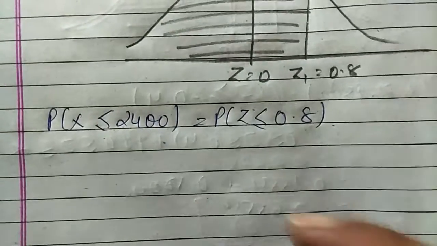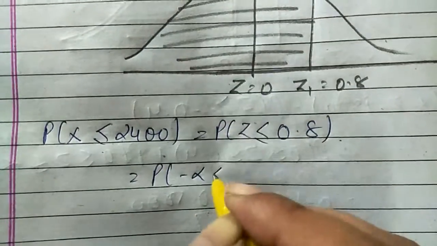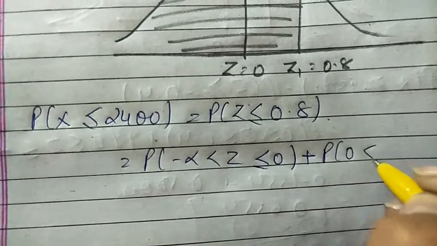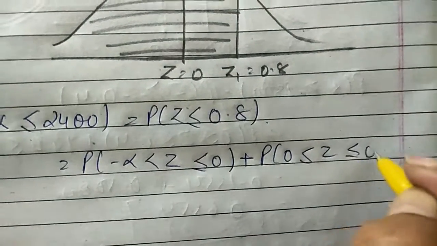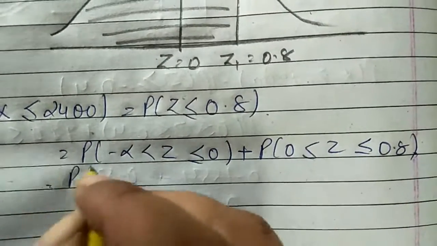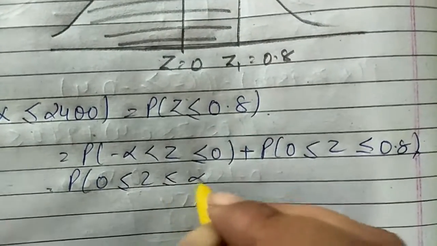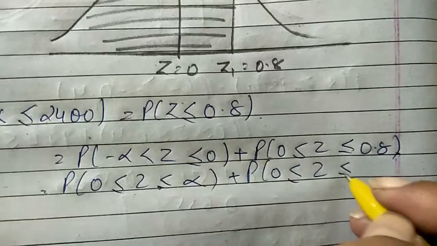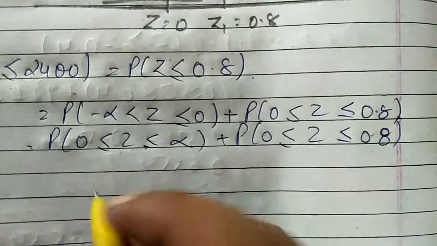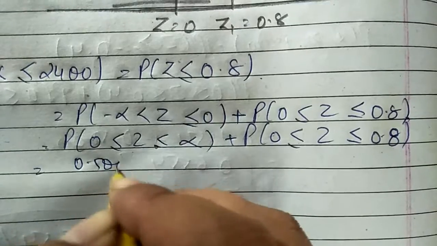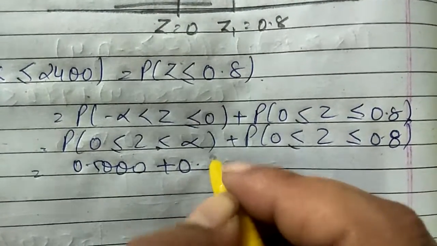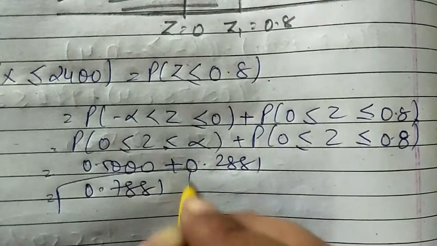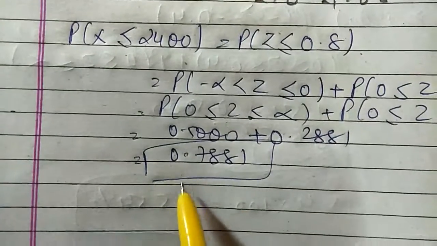Okay, so we can say P(−infinity < z ≤ 0) plus P(0 ≤ z ≤ 0.8), that is P(0 ≤ z < infinity) plus P(0 ≤ z ≤ 0.8). So that is 0.5000 plus 0.2881, that is 0.7881. Okay, so this is the answer.